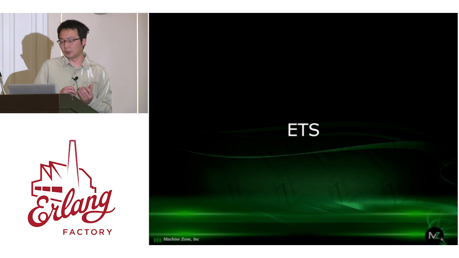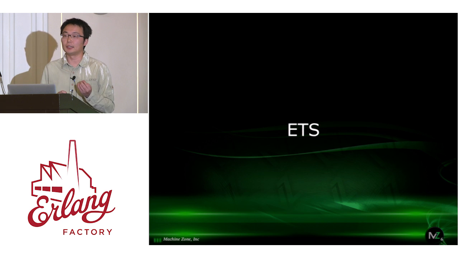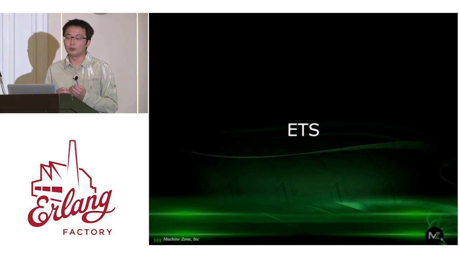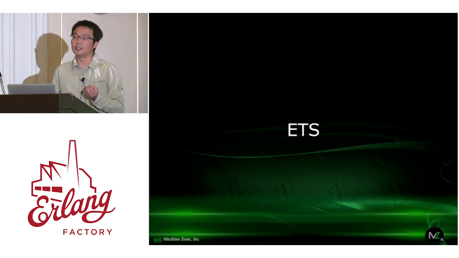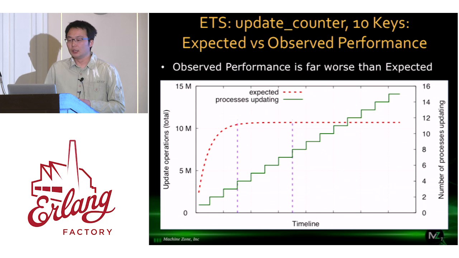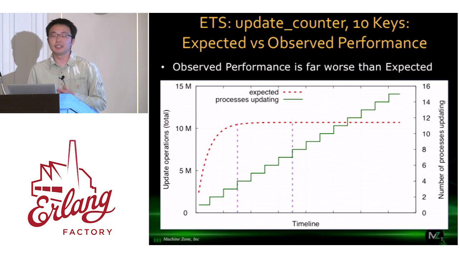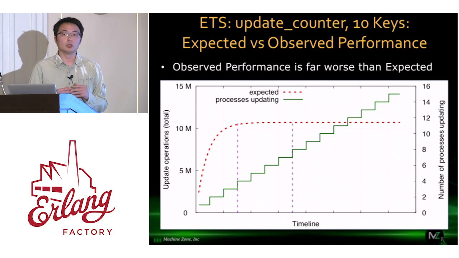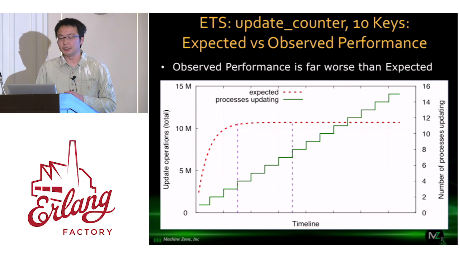One process will get a key and put a value with this key, and another process will use the same key and get the value from it. So we were interested in what the performance is with this ETS table.